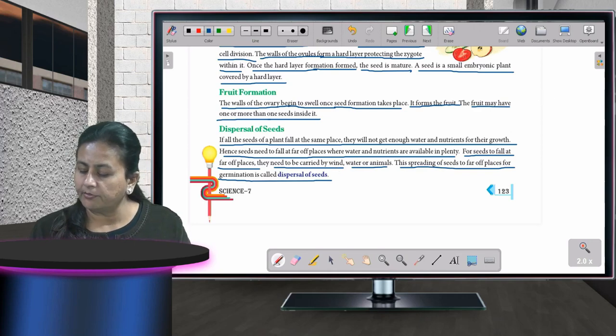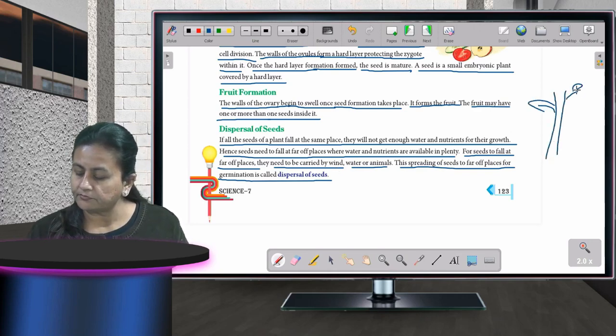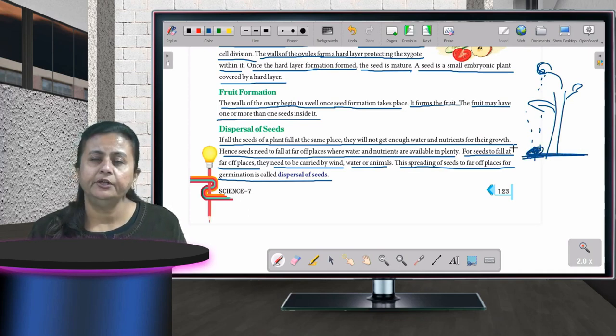If I talk about this, this is a plant, it has got all flowers and fruits and seeds. What happens when the seeds fall over here at one place only? All the seeds will be scattered at one point. Now all the seeds are not getting enough conditions to grow. A few of them will grow, a few of them will not grow.